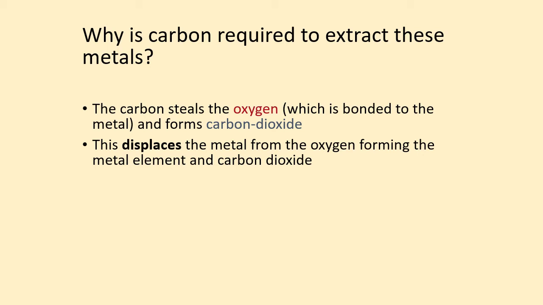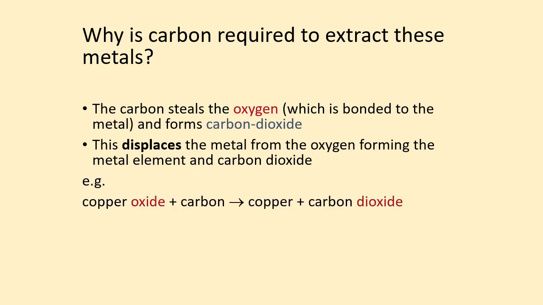This displaces the metal, which just means it takes the oxygen away and the metal is left behind. For example, copper oxide plus carbon transforms to copper plus carbon dioxide.